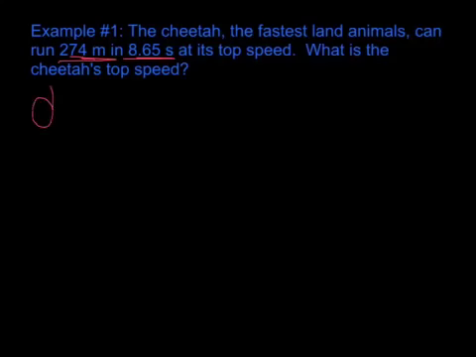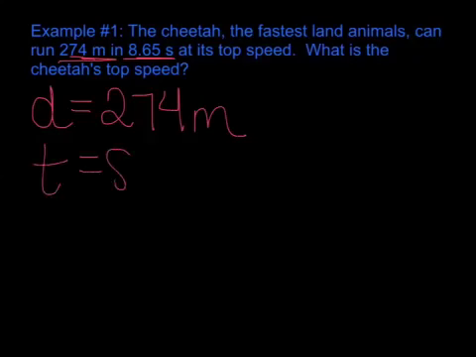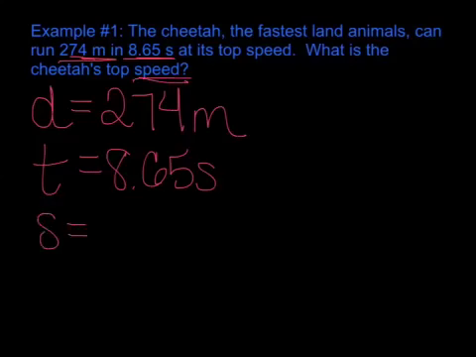The 274 is a distance, so I write D equals 274 meters. My time is 8.65 seconds. I figure that out just by looking at the units. I'm trying to solve for speed. That is my unknown. The only equation I have for speed is equal to distance over time.